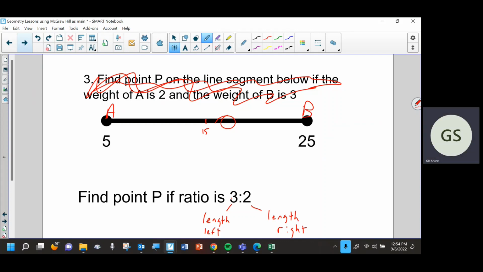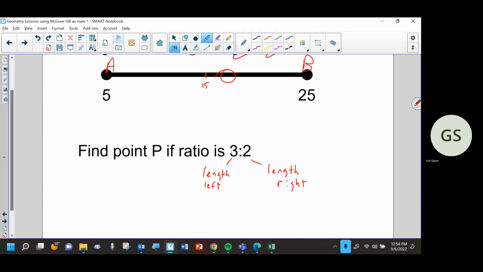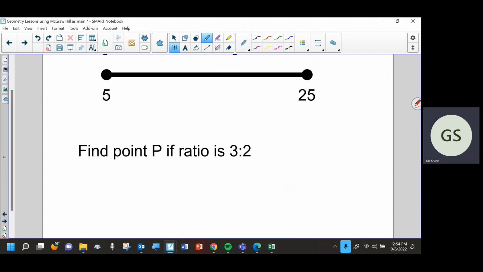If you have a ratio problem and you want to do that using weighted averages, and everybody seems pretty good with the weighted averages thing, all you have to do is this.